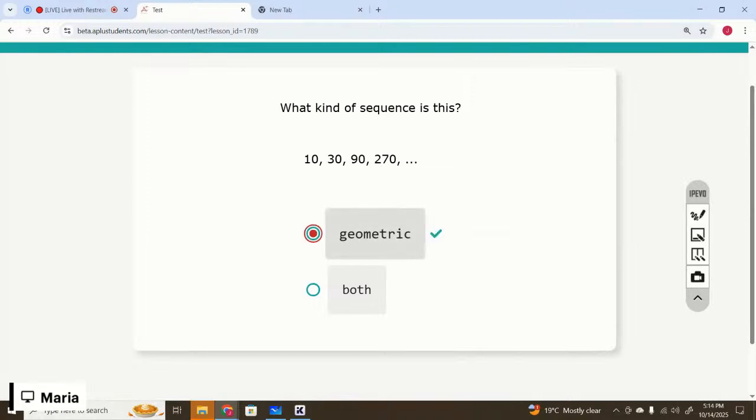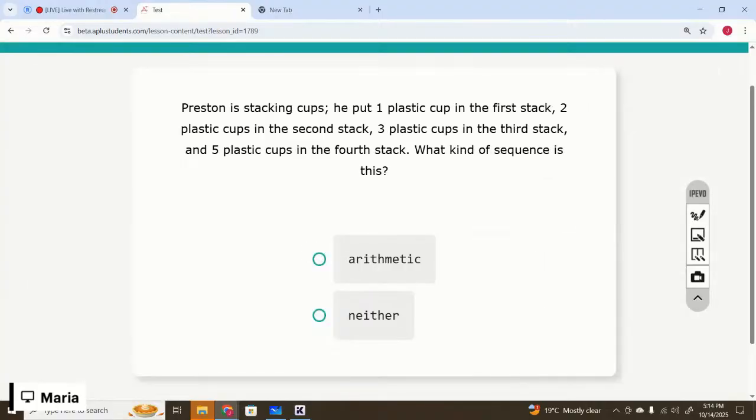That is geometric sequence. Option number 1 is the correct option. Preston is stacking cups. He put one plastic cup in the first stack, two plastic cups in the second stack, and three plastic cups in the third stack, and five plastic cups in the fourth stack.